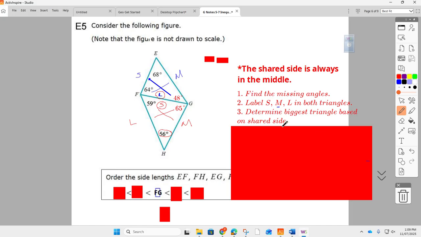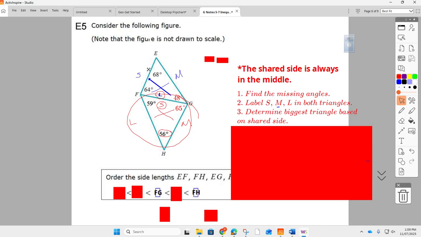All right, so now that we know that this is the biggest triangle, its longest side has to be the longest side of them all. The shortest side of the smallest triangle has to be the shortest one of them all.